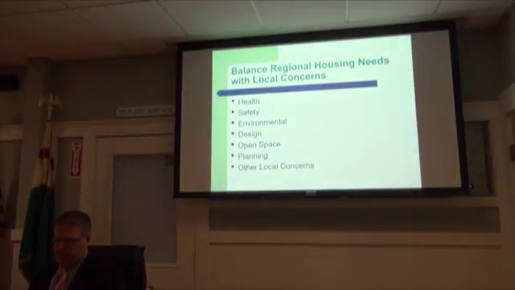So you need to take a look at the listed issues here: health, safety, environmental, design, open space, and other local concerns. You have to tie every single condition or the denial itself into one of those legitimate local concerns. And then ultimately, if there's an appeal, the Housing Appeals Committee is going to take a look at whether there are actual local, regional housing needs that outweigh those concerns. And oftentimes they do, yes.